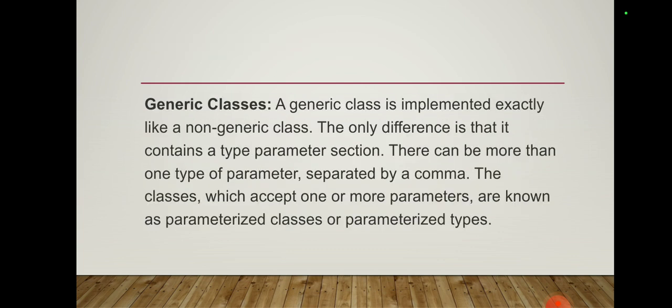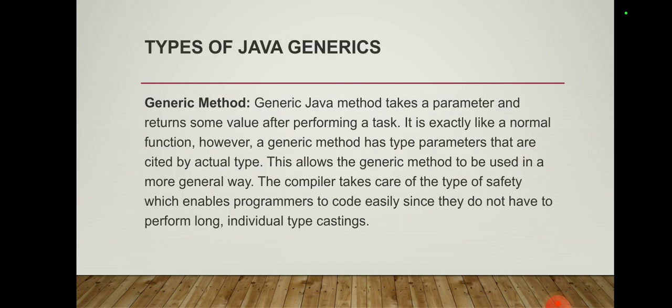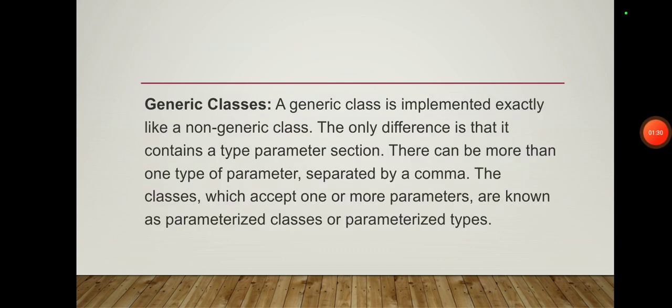A generic method has type parameters that are cited by actual type. This allows the generic method to be used in a more general way. The compiler takes care of the type safety, which enables programmers to code easily since they do not have to perform long individual type castings.